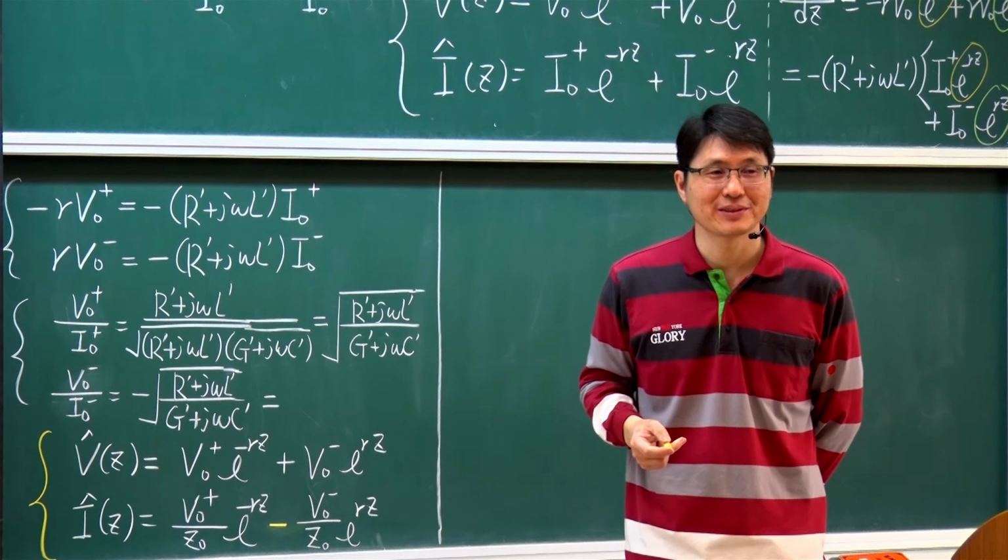So remember, if you can accept voltage divided by current taking on a negative sign, then the generalized solution form is now written in these two equations. Okay? Voltage remains the same, but current is represented again by voltage, but you only have to divide by Z0. But remember, for the negative propagating current wave, you have a negative sign.